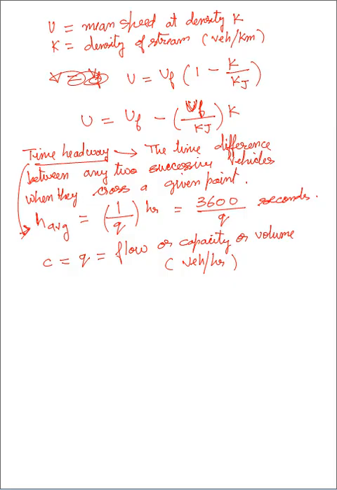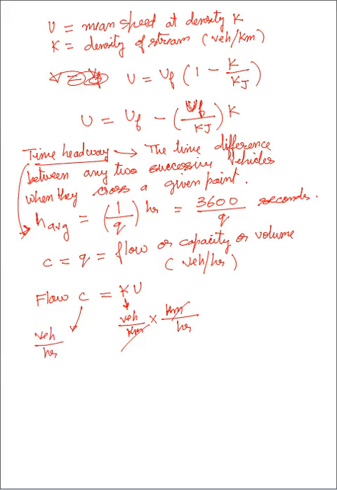Now what is flow or C? We know the formula C is equal to KU. K is density, vehicle per kilometer, and U is speed, kilometer per hour. Kilometer cancels, so C will be in vehicle per hour.